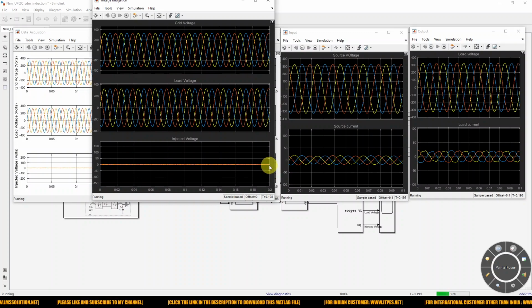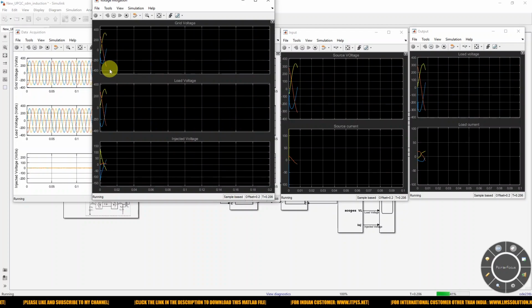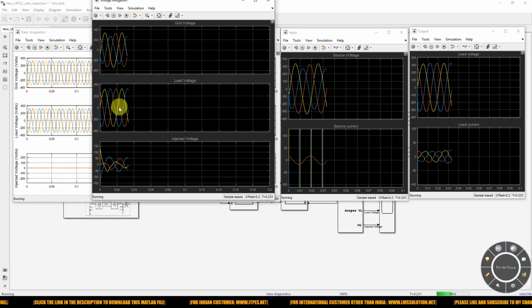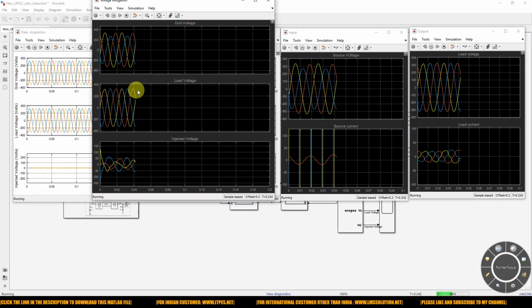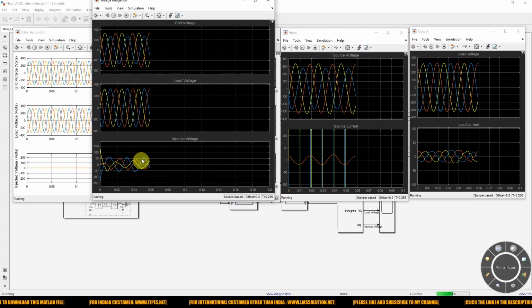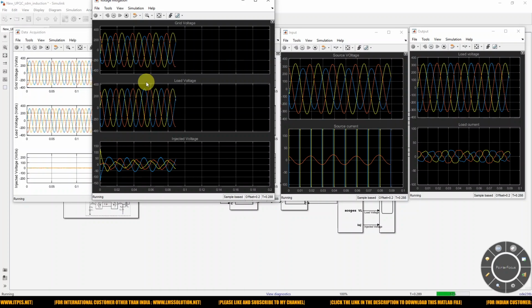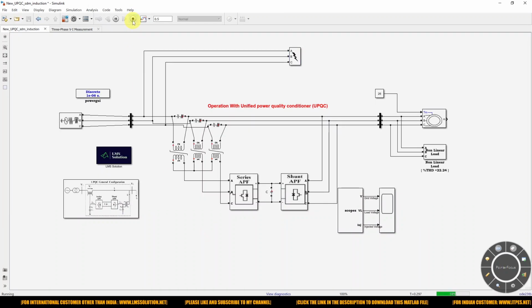Now you can see that at 0.2 second this fault is created. Here you can see the variation of grid voltage, right? The grid voltage is not maintained at 1 per unit, but you can see that the load voltage is maintained at 1 per unit. So here you can see that the UPQC is injecting voltage in the system to mitigate this voltage sag problem because of that fault condition. So this is the working of this UPQC under fault condition to mitigate the voltage sag.